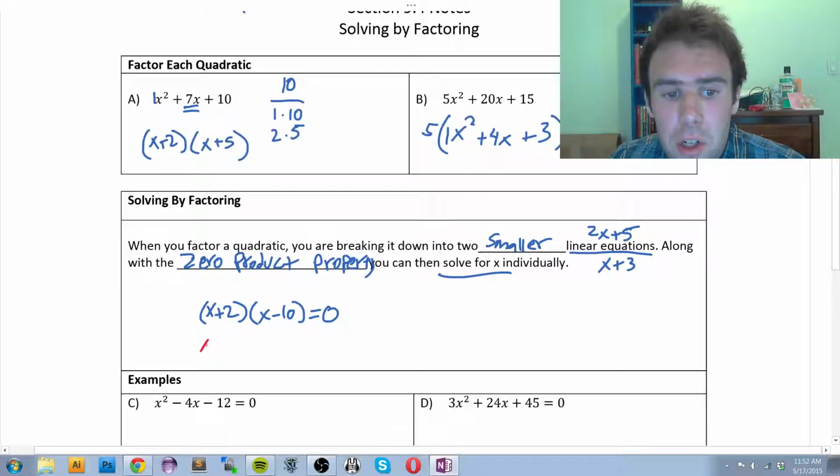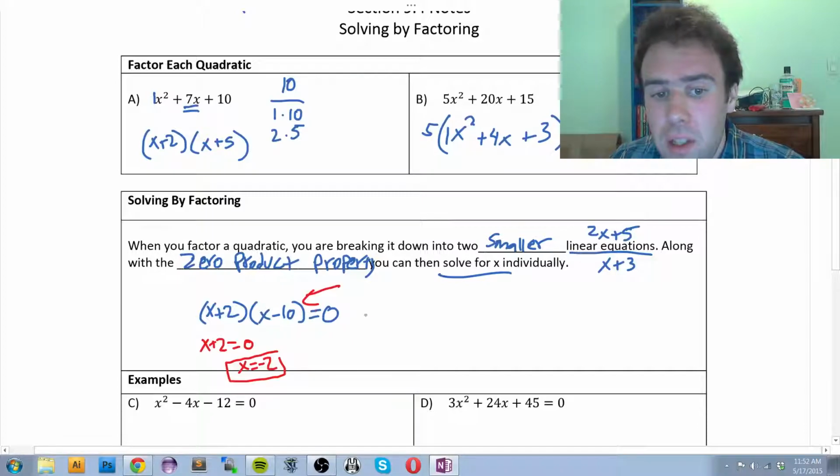I could imagine, what if x plus 2 is equal to 0? Well, the only number x that would make that work would be negative 2. Similarly here, x minus 10 could be 0, and the only number to make that work would be if x were 10.